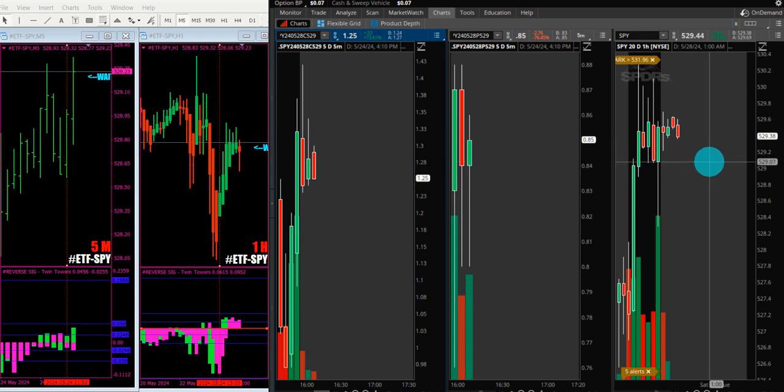And then I have the hourly chart because I want to see the hourly tails. I want to see these tails, okay? I want to see what the tails are doing. If there's a long tail in either direction, I know it's probing, okay? It's probing for resistance. It's probing for support, okay?